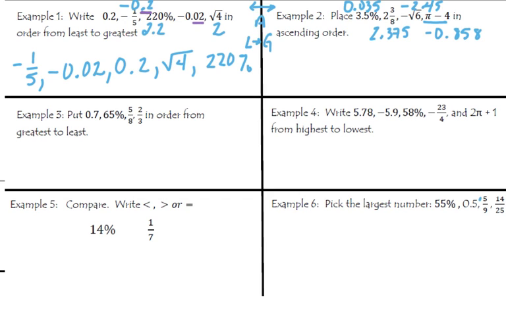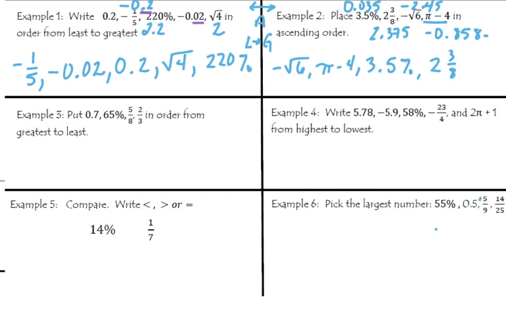So to put these in order, the smallest one is going to be the negative square root of 6. So again, think of money. You would owe more money if you owed somebody $2.45 than if you owed somebody 85 cents. So our next number would be the pi minus 4, then the 3.5%, and then finally the 2 3/8.